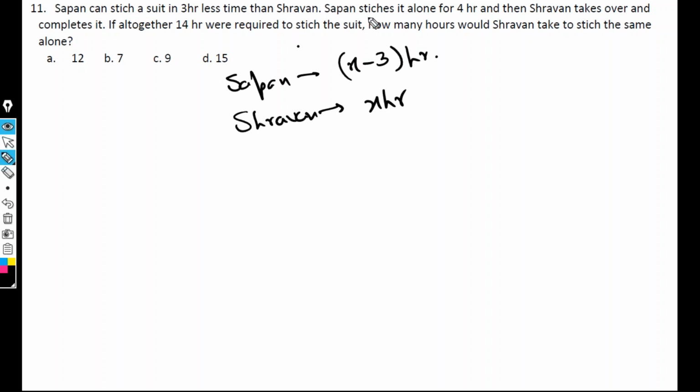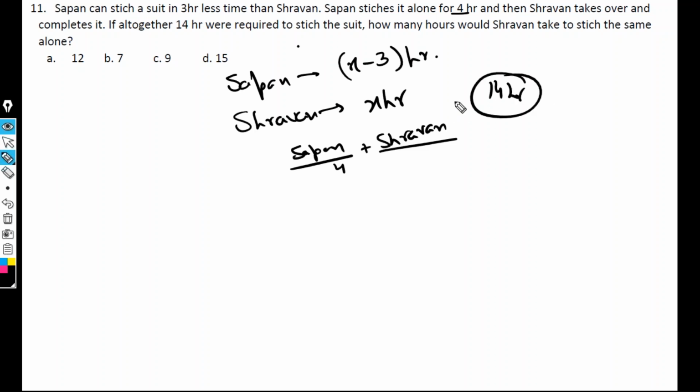He says Sapan stitches it alone for 4 hours and then Shravan takes over and completes it. If altogether 14 hours were required to stitch the suit, how many hours would Shravan take to stitch the same working alone? So we are required the value of X in this case.